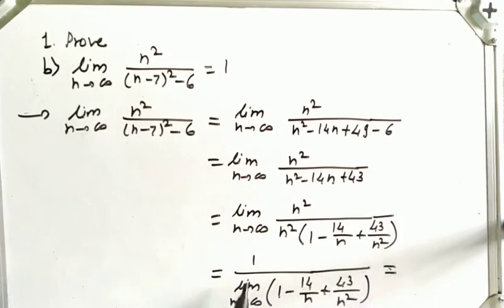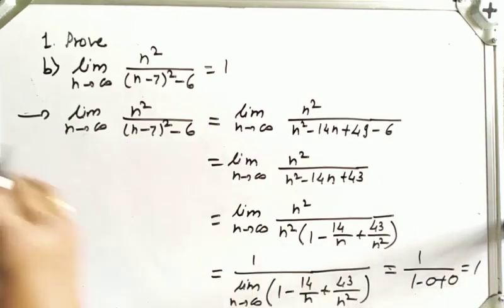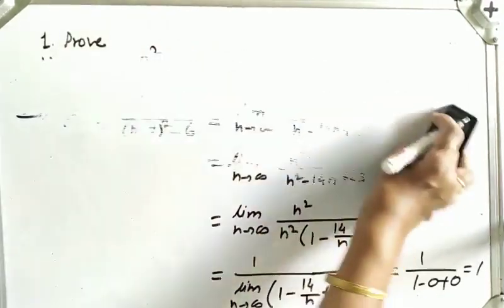So after applying the limit, this 1 is as it is, constant. After applying the limit to 14 upon n, it will be 0, plus applying the limit to 43 upon n square, it will be 0. So our answer is 1. Okay, that is B. Okay, that is example first.